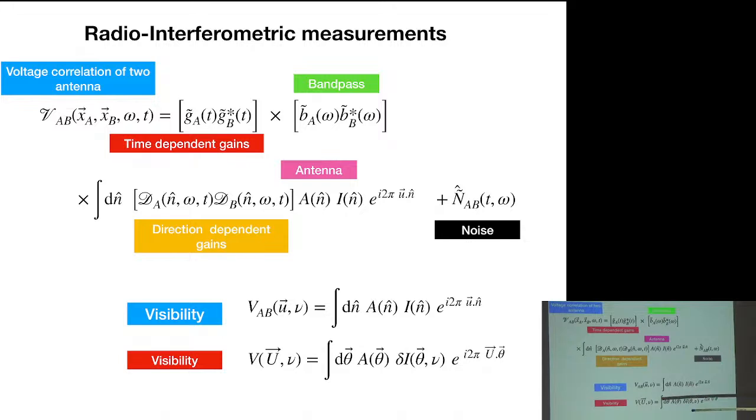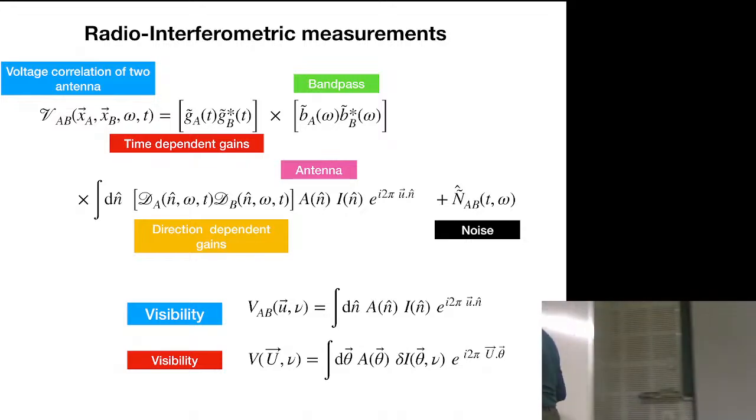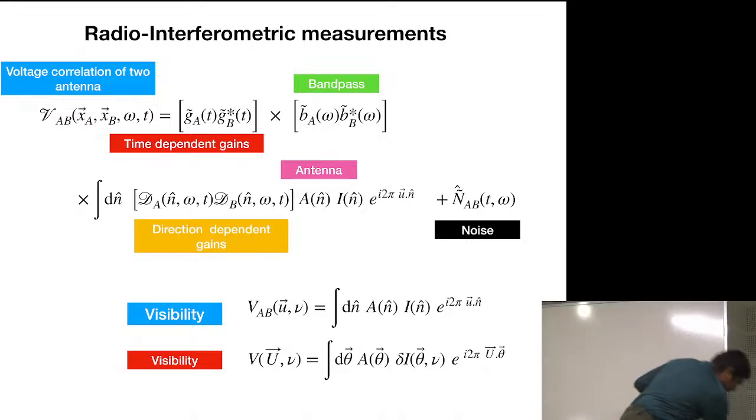But if you look at the right hand side, by the way, what are these integrations? I have not written the integration limits. What are these integrations over? Theta. So these are essentially over the solid angles, right? So d n cap.